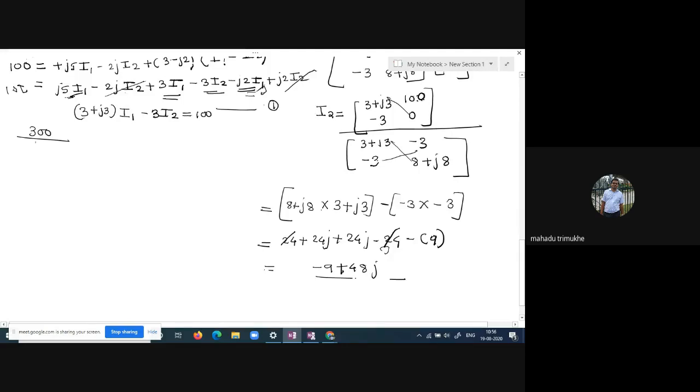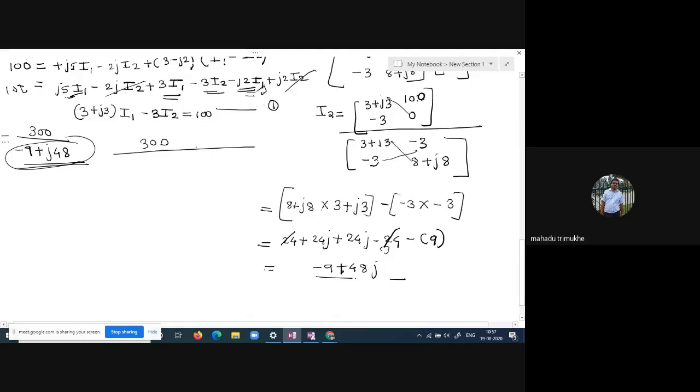Just write down in the denominator minus 9 plus j48. This is in rectangular form, which you have to convert into polar form. This minus 9 plus j48 you have to convert into polar form using your calculator.